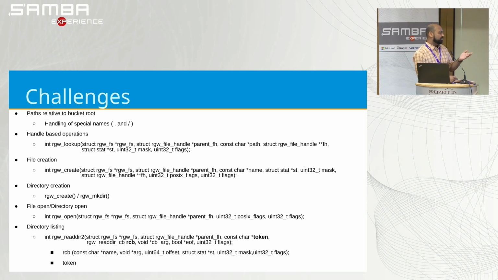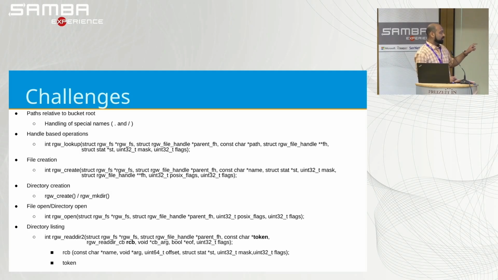So we store all these entries into this particular array, and once we have reached the end of our array, we break from that loop and return back one entry. Whenever we finish serving all those stored entries, only then will the next call to RGW read dir2 be called.